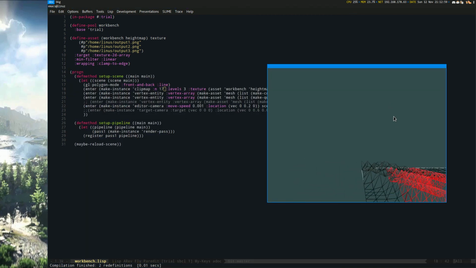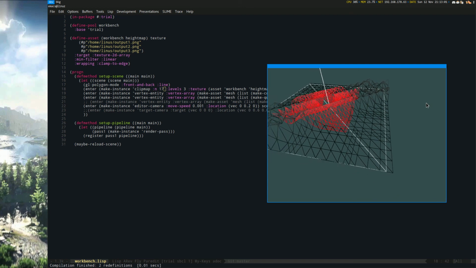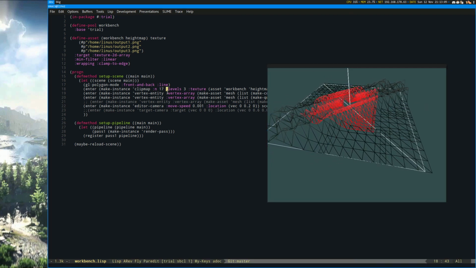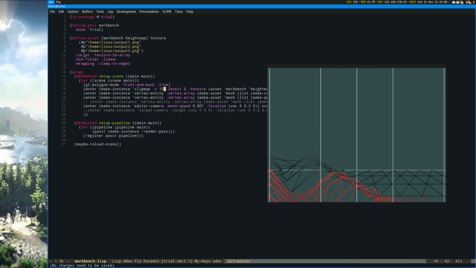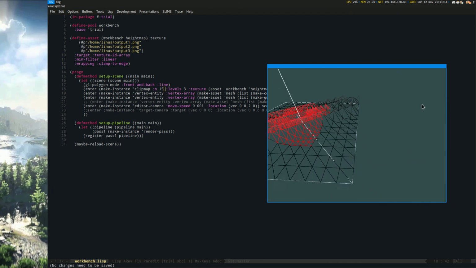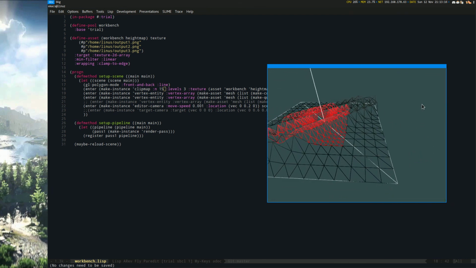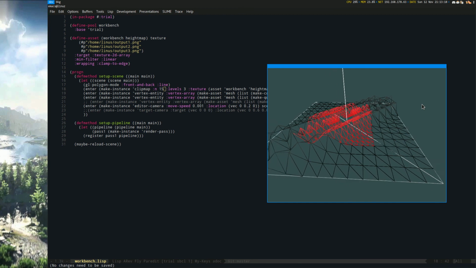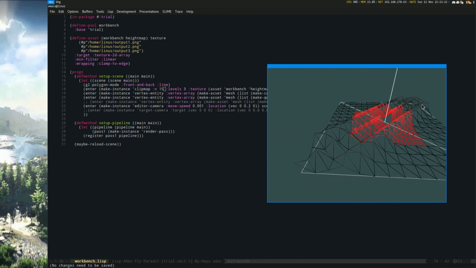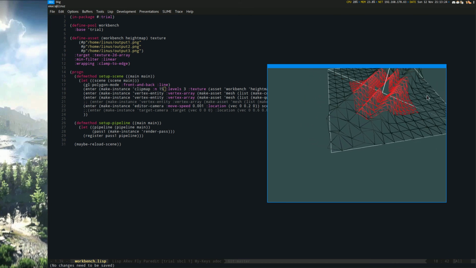How many vertices do we have? 2, 3, 4. Oh god, I can't see it. I think I need 15. That side lines up. So we have 1, 2, 3, 4, 5, 6, 7, 8, 9, 10, 11, 12, 13, 14, 15. 15 data points is what we need.